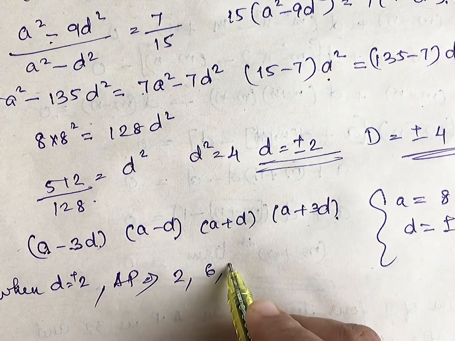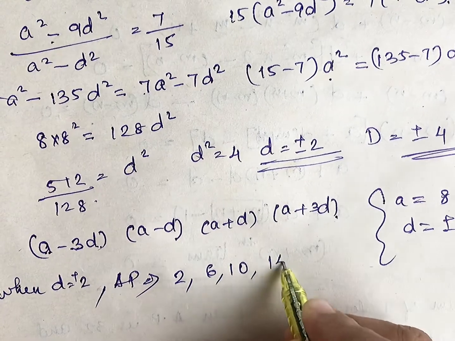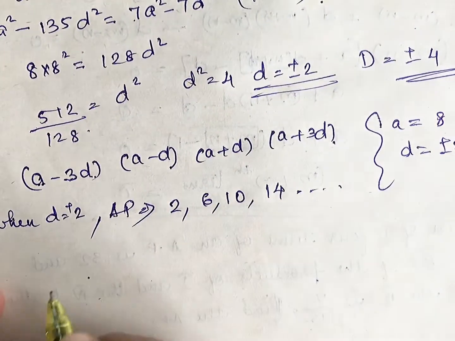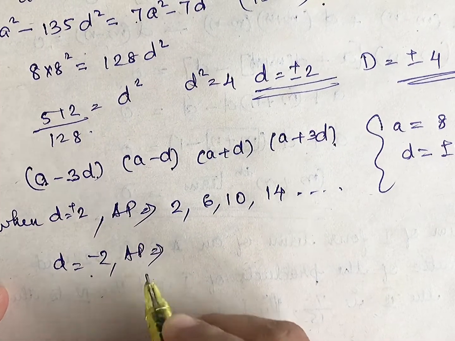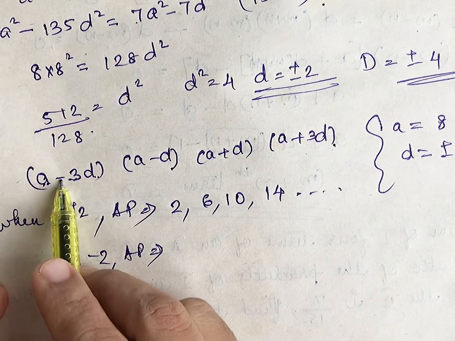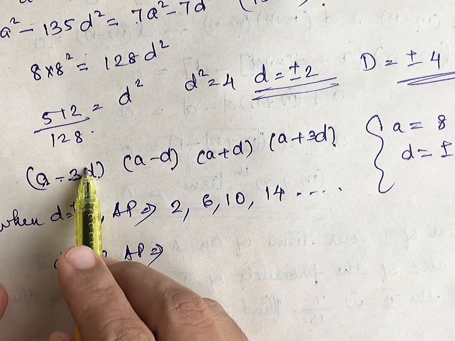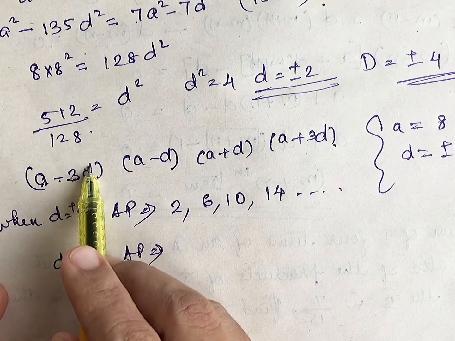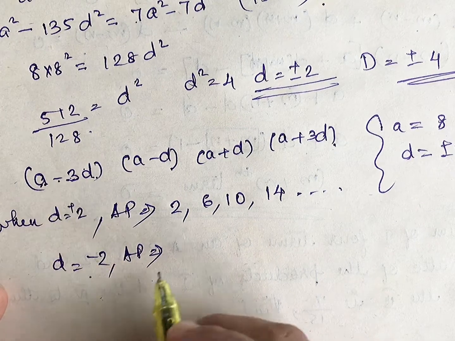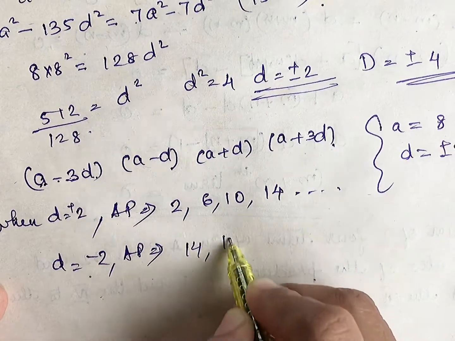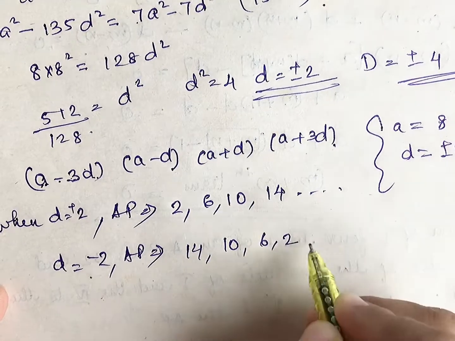Then it would be 10. Then 14, etc. Or else when d is equal to minus 2, the AP would be a minus 3 into minus 2. Right? 3 into minus 2 becomes minus 6. Above 8 plus 6, it would become 14, 10, 6, 2, etc.